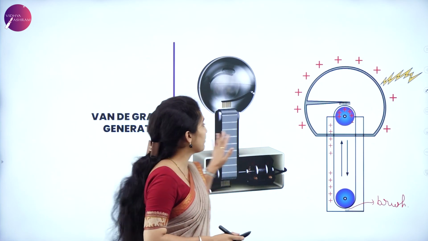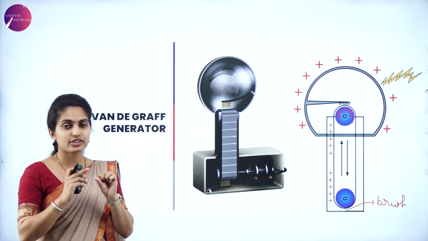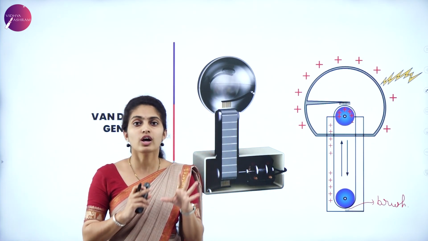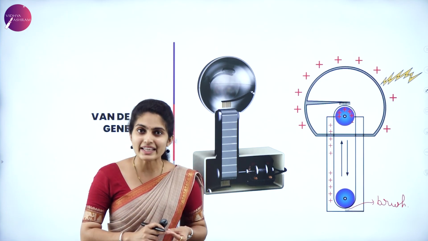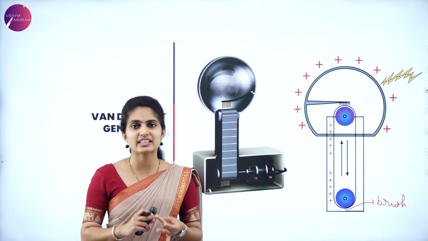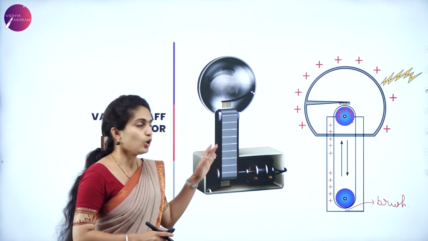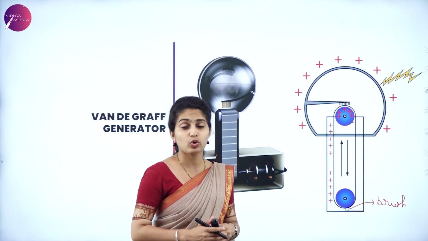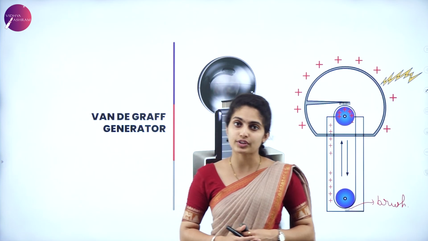That is all about the Van de Graaff generator. You have to know how it is performed, why it is used, its application and its principle. I hope you are clear with the Van de Graaff generator concept.